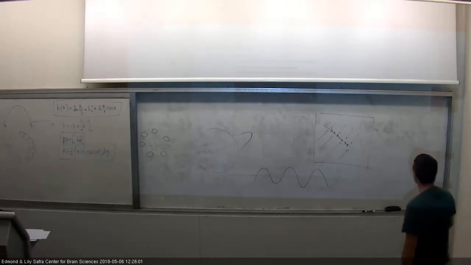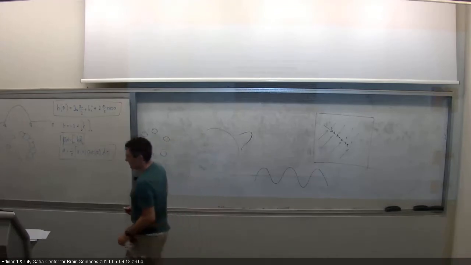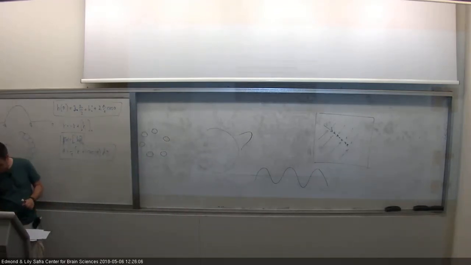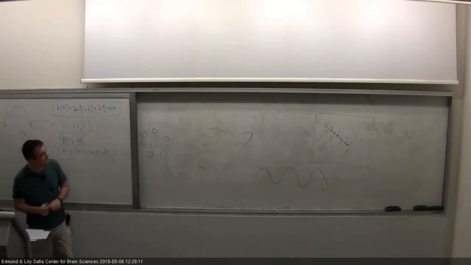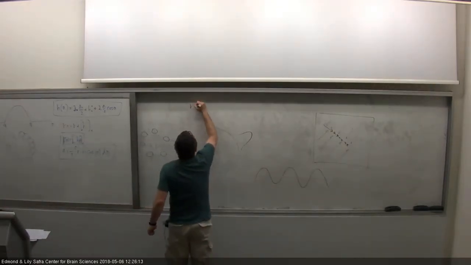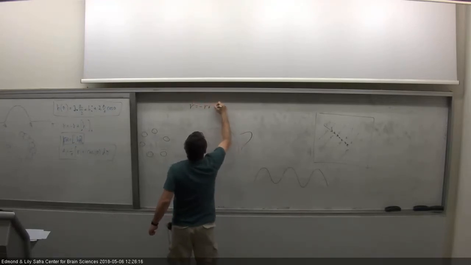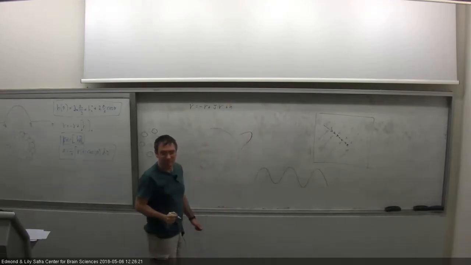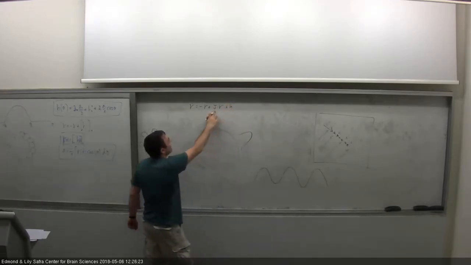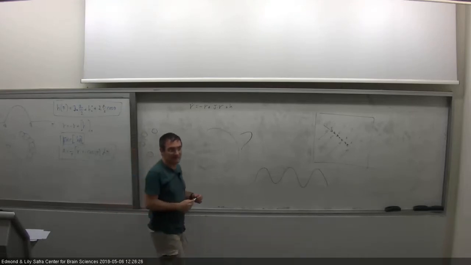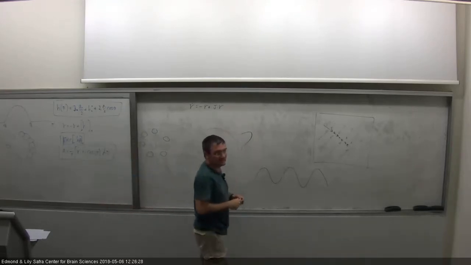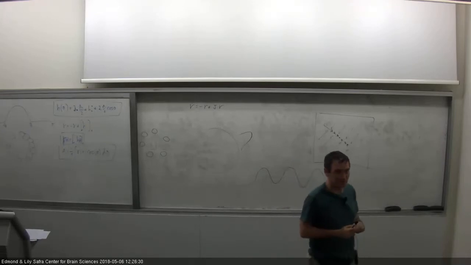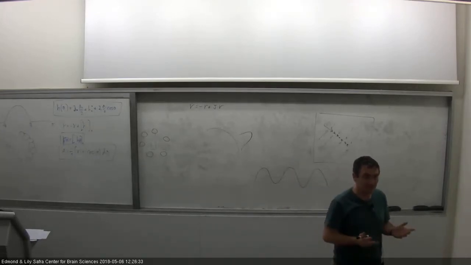So the problem was R dot is equal to minus R plus JR plus external input. And if J is equal to 1, then you have an integrator. Let's remove the H. Without the H, you have a continuum of solutions. So in principle, the answer is yes. This is an example that we discussed.